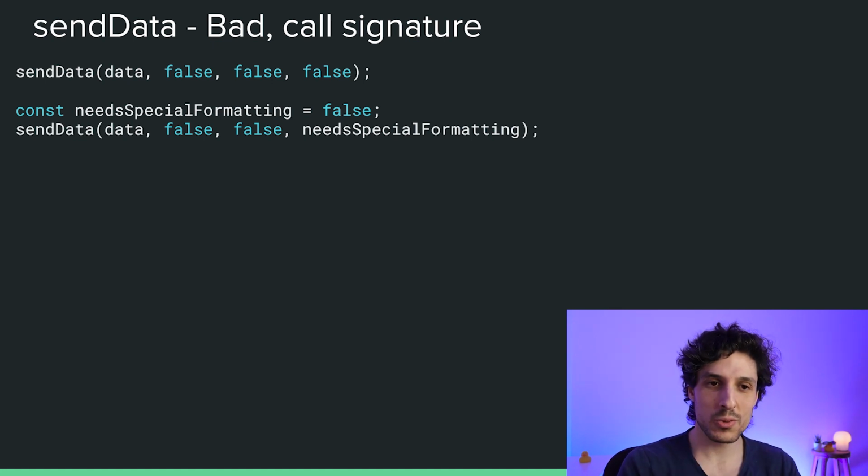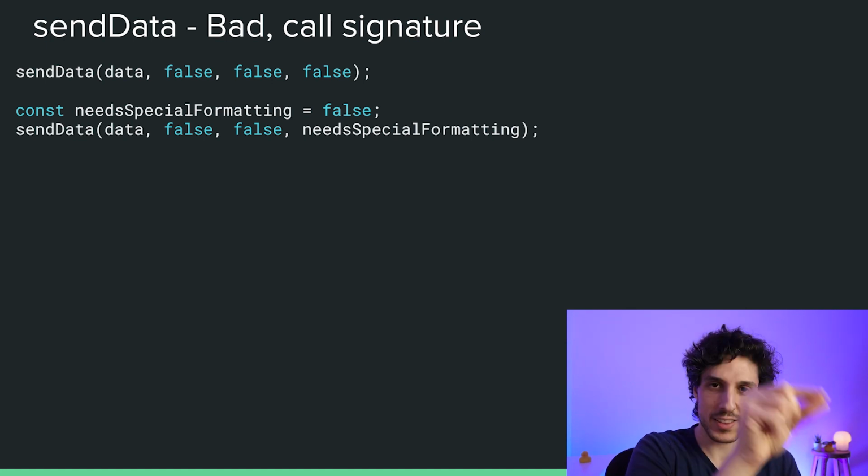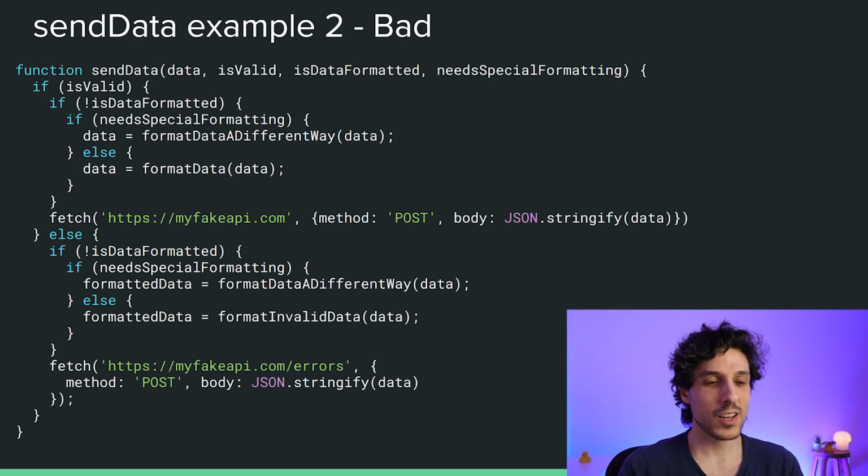So it's not too bad to read, but you still need to match the variables to the correct location. You know what I mean? It's not so bad, but it's undeniably a little bit worse to use and call than the simple version of sendData.